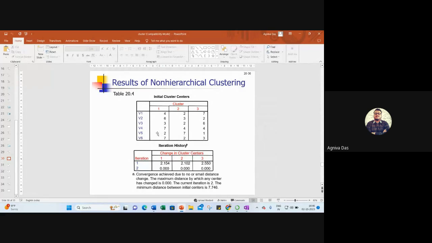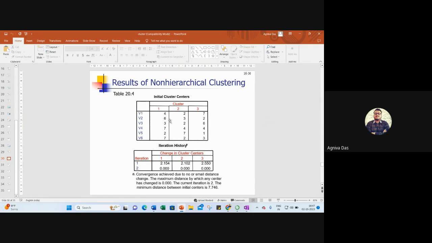And then in cluster 2, you have V5, which is pretty high. And in cluster 3, you can see variable 1, and V2.